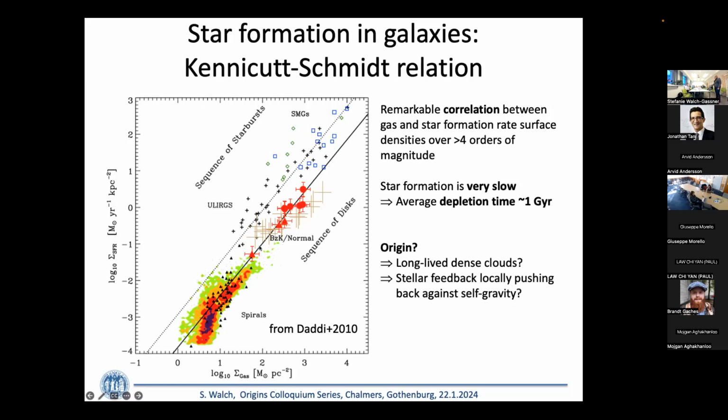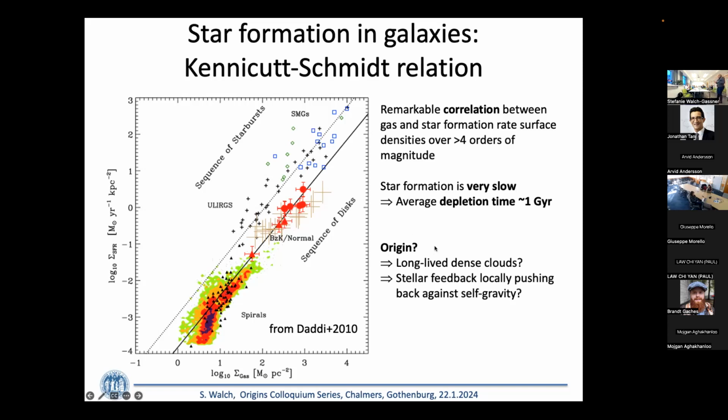But I think the remarkable thing about this relation is that it holds over so many orders of magnitude. And yes, there's some offset for starburst galaxies, which are further up. But in principle, all normal star-forming galaxies seem to be forming stars very inefficiently, with an average depletion time of about a gigayear. And so the question now is, why is this happening?